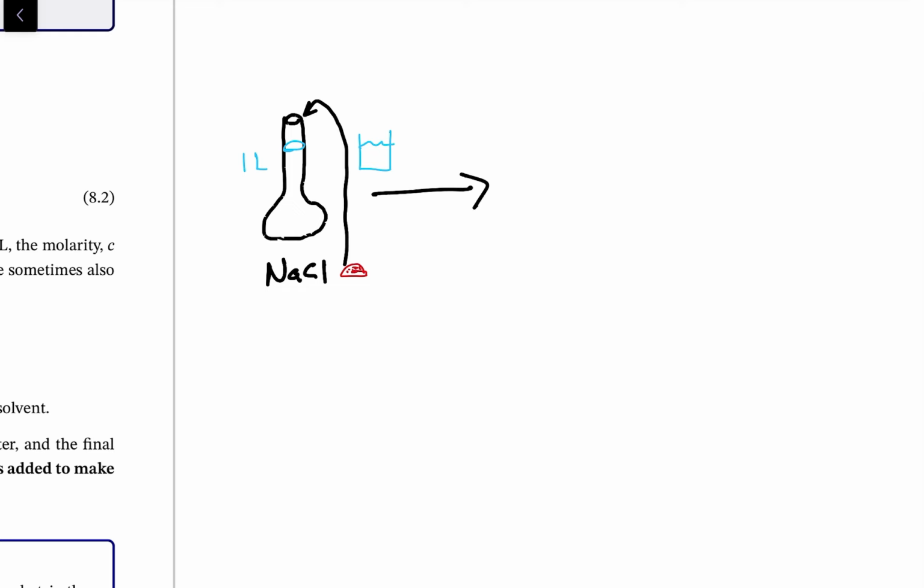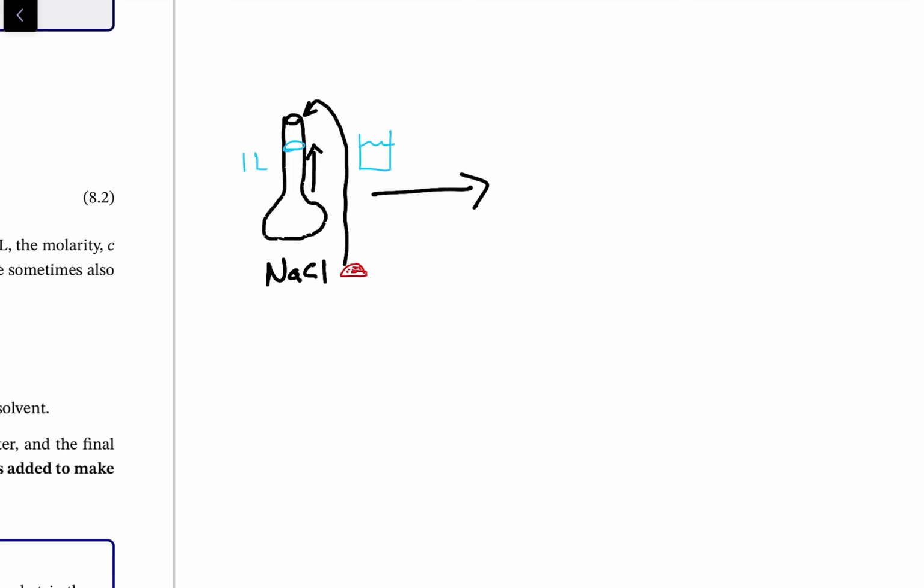And then you start filling in water. You dissolve the sodium chloride, you shake it a bit, and then you start adding water all the way to the mark there. The question is, how much water would you have added to get to that 1 liter mark?